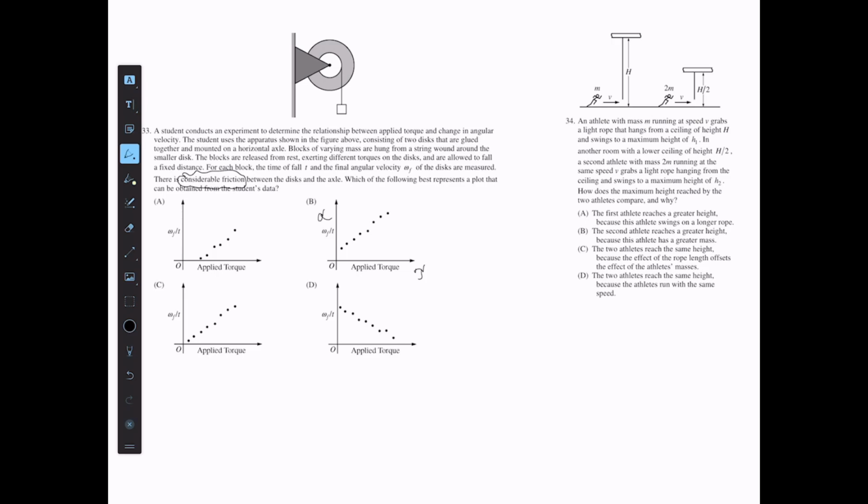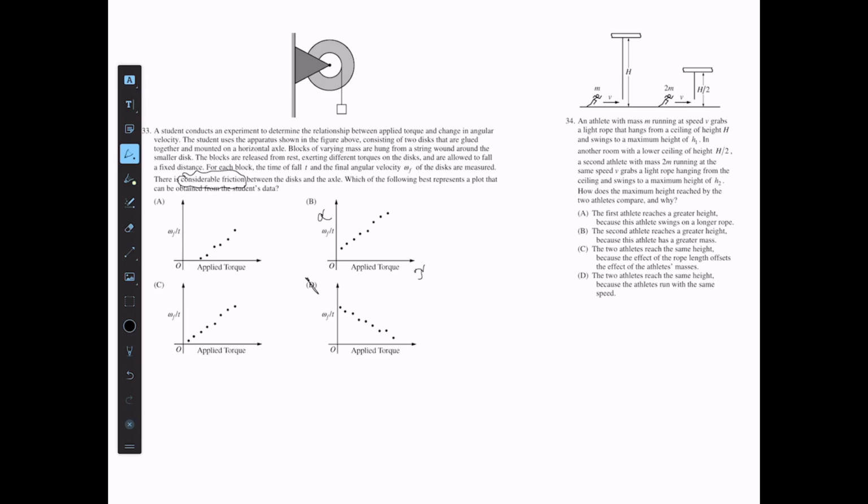So applied torque and angular acceleration have a positive direct relationship. So it can't be D. There is considerable friction. So that means that even if you apply some torque, it won't move until you apply enough torque to overcome the friction.